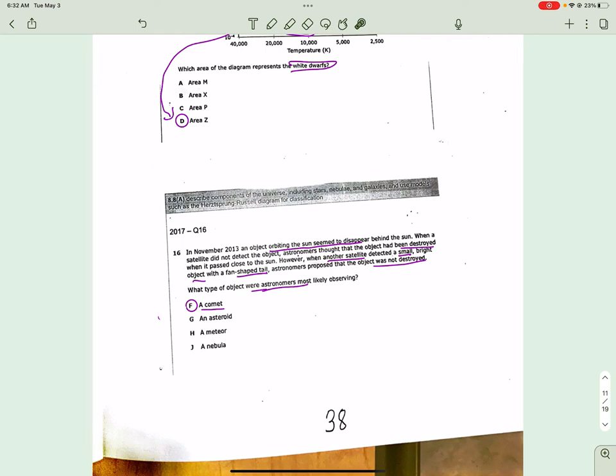What type of object were astronomers likely observing? And it was the comet, guys. Okay, if you remember, the comets have a tail, and the tail is going to be kind of trailing. So the correct answer is letter F.